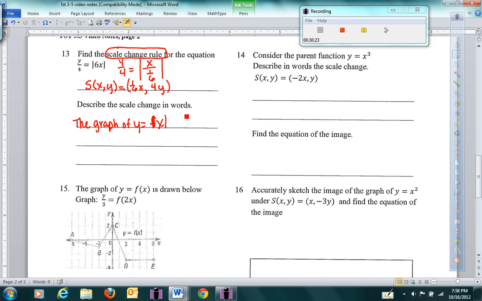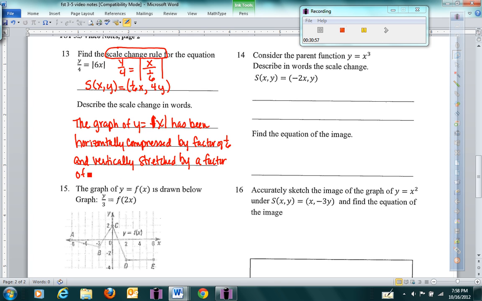Y equals absolute value of x has been, we're going to say horizontally, and then we'll use the 1/6, so that's going to be compressed by a factor of 1/6, and vertically stretched, because that number is bigger than 1, by a factor of 4. By a factor of 4.